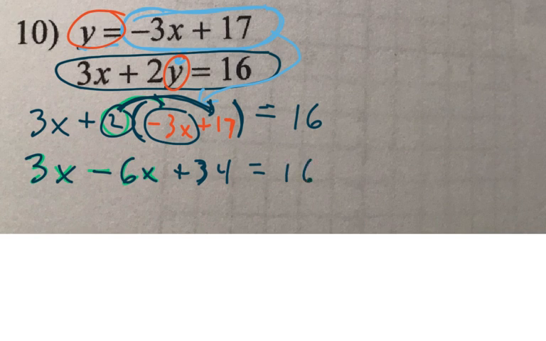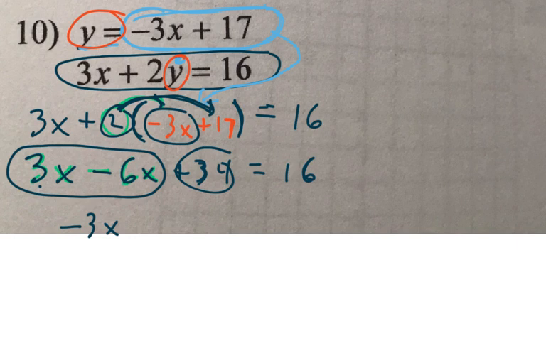That, of course, equals 16 still. Now, let's solve the equation. Notice right here, my x's are together. I just combine like terms. 3 minus 6 is negative 3x, plus this 34 equals 16.